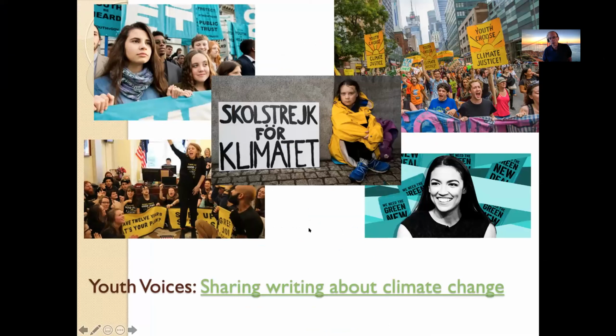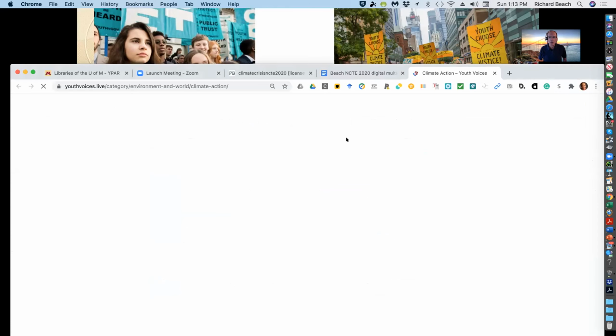So when we're talking about sharing through composition, writing, certainly young people are involved with this. They are very much engaged with the need to address climate change because they know their future is affected, certainly as Gerda has talked about. And one really good site for young people sharing writing about climate change is the Youth Voices site.